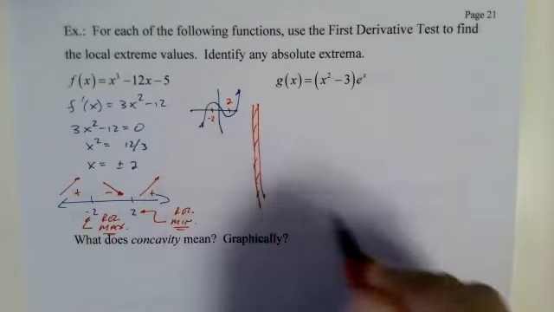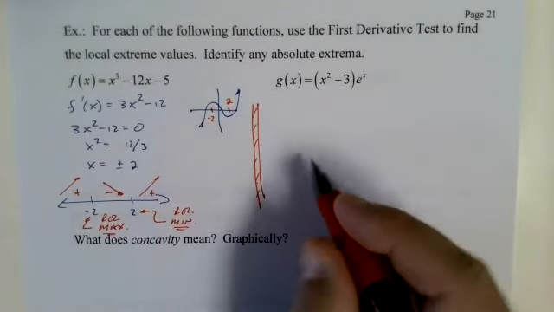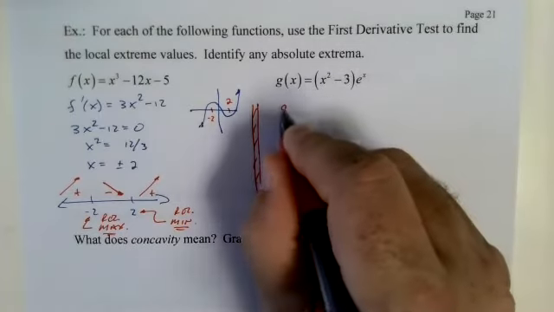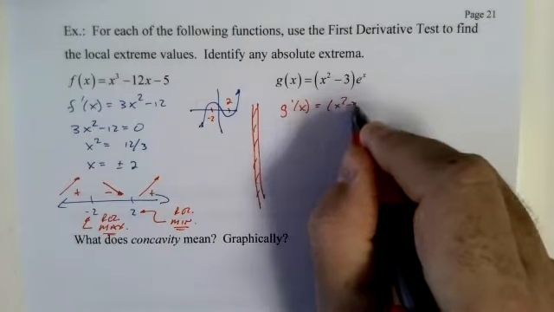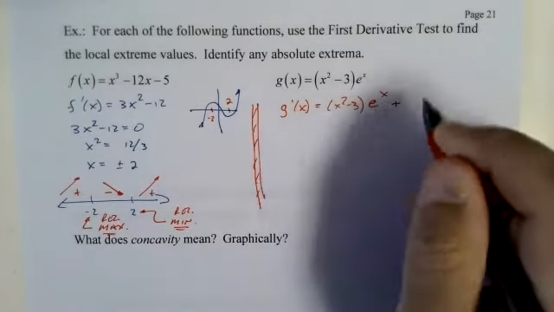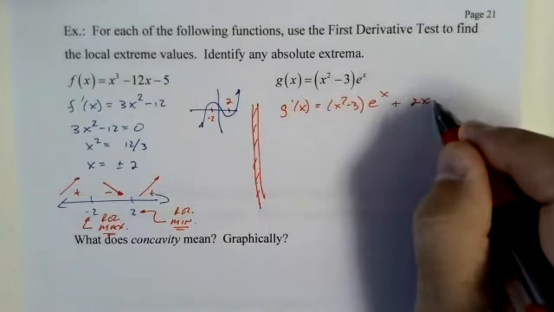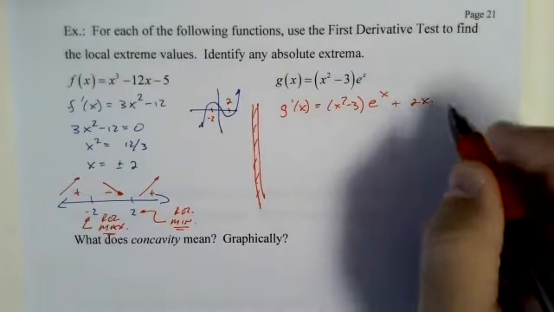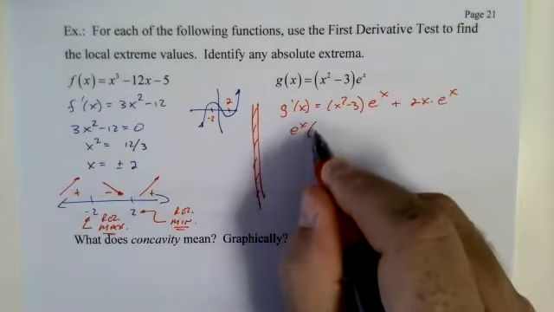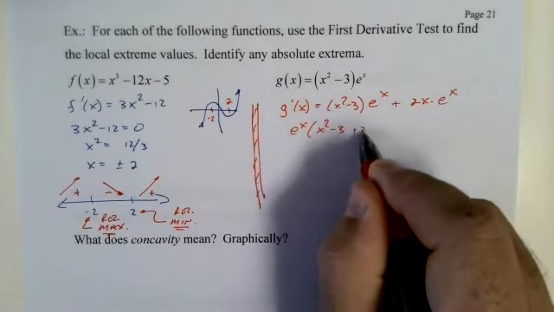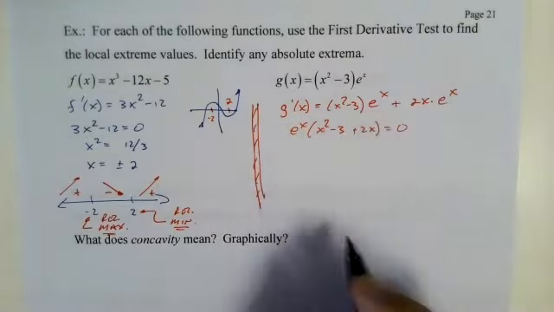Keeping the show moving. Over here, derivative, g prime of x equals, leave it. Derivative 2x, that was the derivative, leave it. So e to the x times x squared minus 3 plus 2x equals 0.